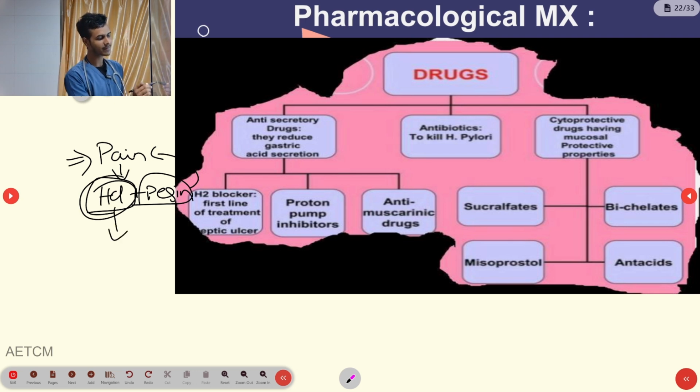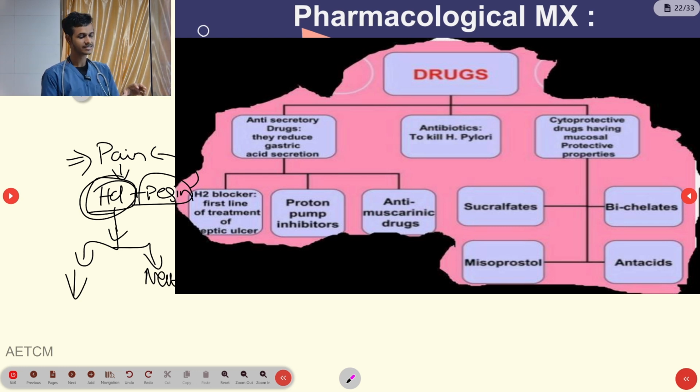So, how can we manage the HCl? Either you have to reduce the secretion of HCl, or you have to neutralize it, if some amount is already secreted. This is the 2-step management we have. To reduce the secretion, we can go with H2 receptor blockers, proton pump inhibitors, or anti-muscarinic drugs.